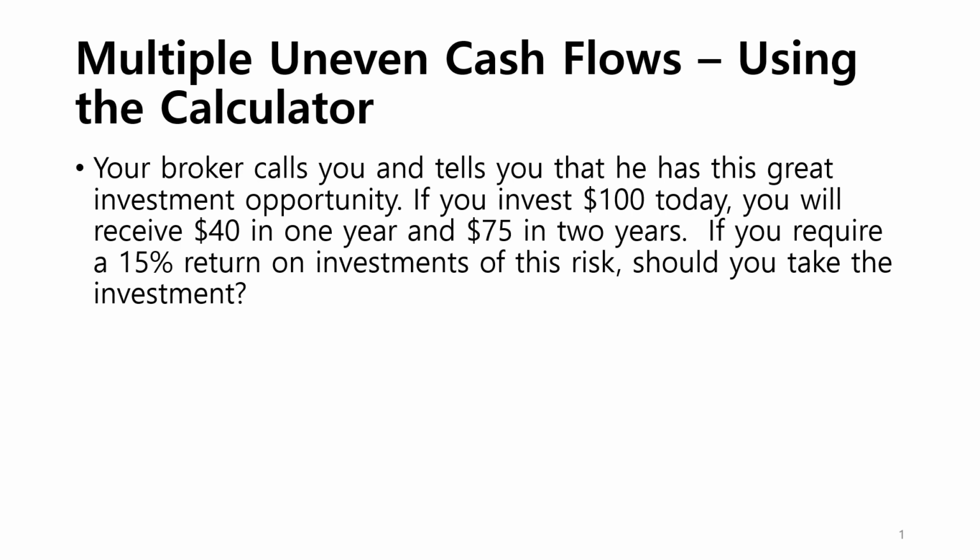And suppose I just give you the information about multiple uneven cash flows, and I ask you to calculate the present value of this stream of cash flows. Then you have only one way to solve the problem. That is, calculate the present value of each cash flow, and then add them up. There is no other way because there is no pattern.